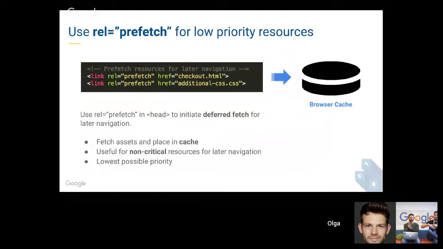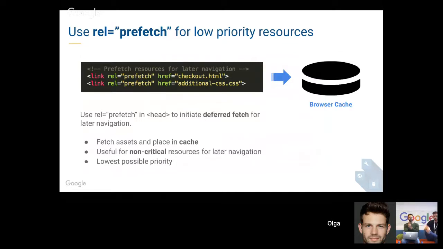So we avoid the render block, but we still need that CSS for the current page to make sure that it's displayed correctly. Prefetch does it a little bit differently. It lets you fetch CSS, which is a deferred fetch, and put it in the browser cache for later navigation.